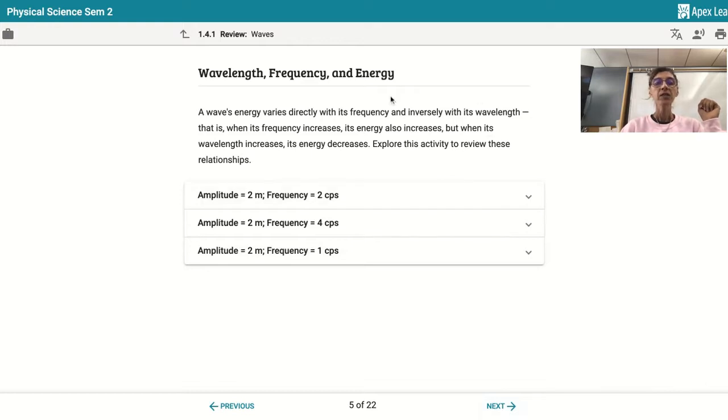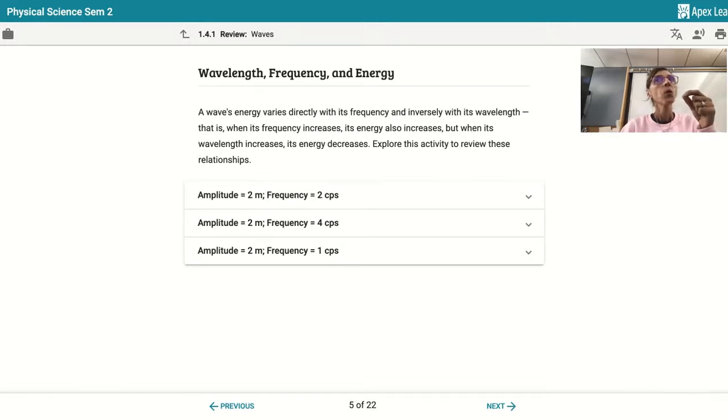Then you looked more closely at wavelength, frequency, and energy. A wave's energy varies directly with its frequency and inversely with its wavelength. Let me explain what that means. If a wave has more energy, then its frequency is higher. That means more waves can pass by a point in 1 second.